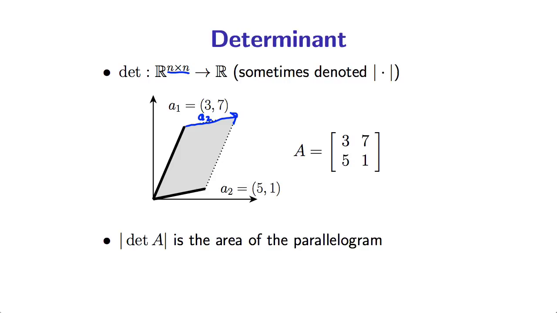If you form this parallelogram and then look at the area inside of it, the absolute value of the determinant of A is actually equal to the area of that parallelogram. We're not going to prove that. It's not that hard to show, but that will hopefully give you some intuition about what the determinant is. It's some measure of area, or in the higher dimensional cases, it's a measure of volume of the inside of the shape formed by the rows of A.